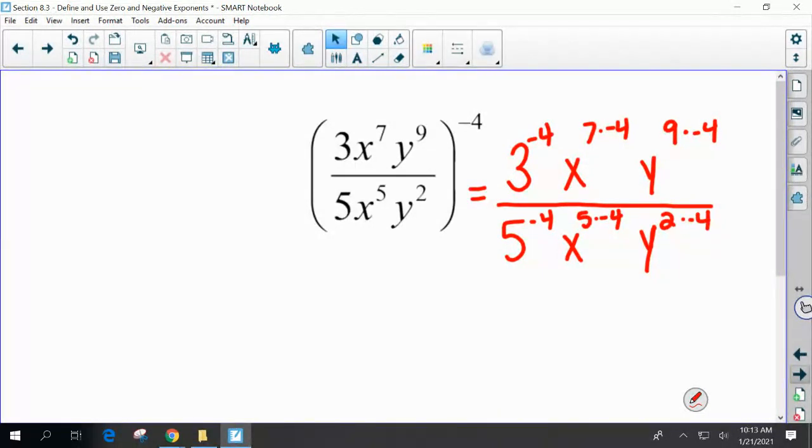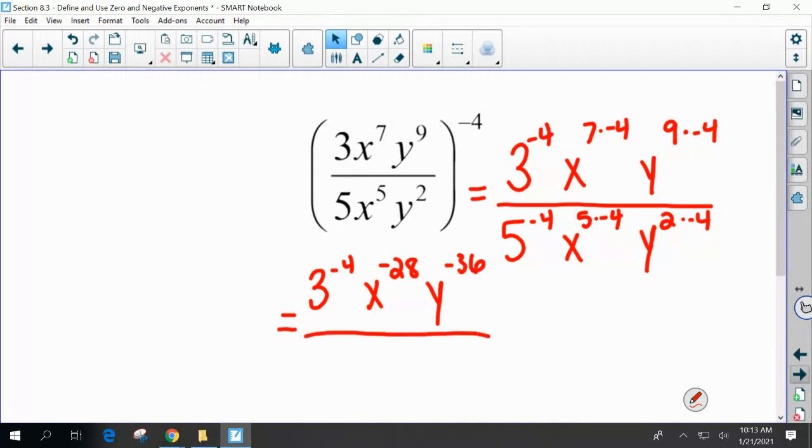Okay, so I'm going to go through and kind of simplify this the best I can. So 3 to the negative 4, and then that would become x to the negative 28, y to the negative 36, over 5 to the negative 4, x to the negative 20, and y to the negative 8.